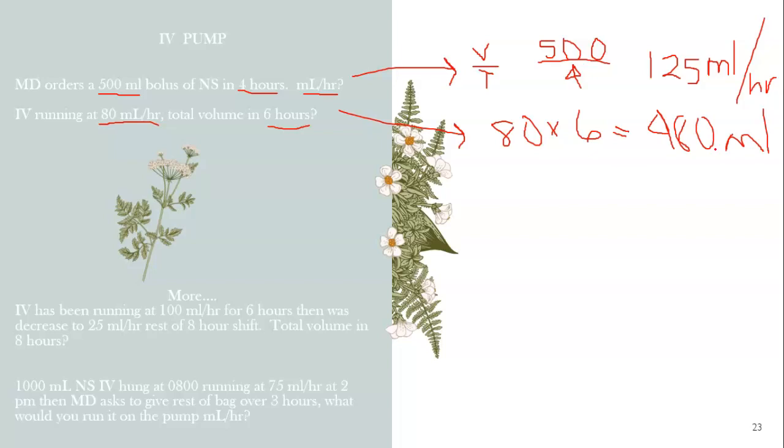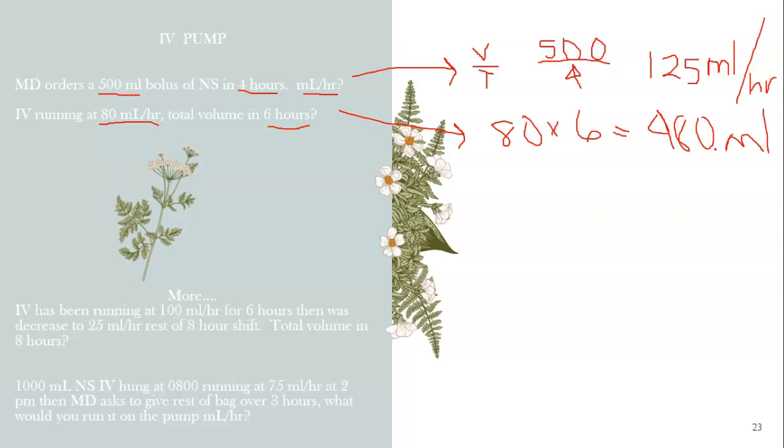Now, taking that another step, if there are half-liter and liter bags, which one am I going to go pull out of the back? Half-liter is 500. A liter is 1,000. That is an IV bolus.